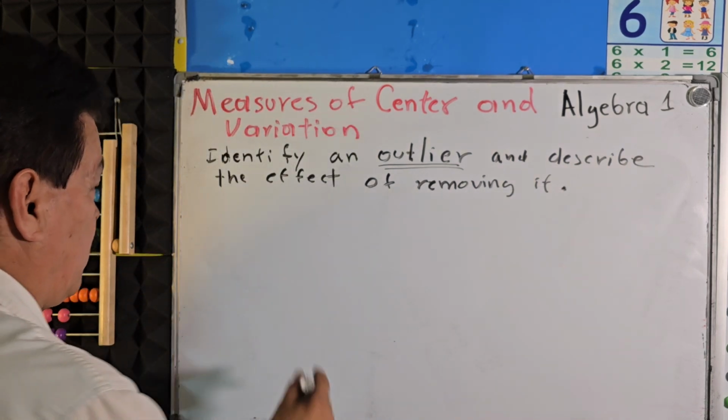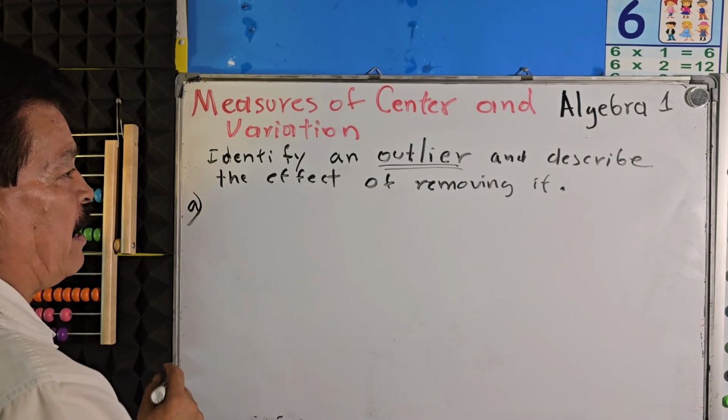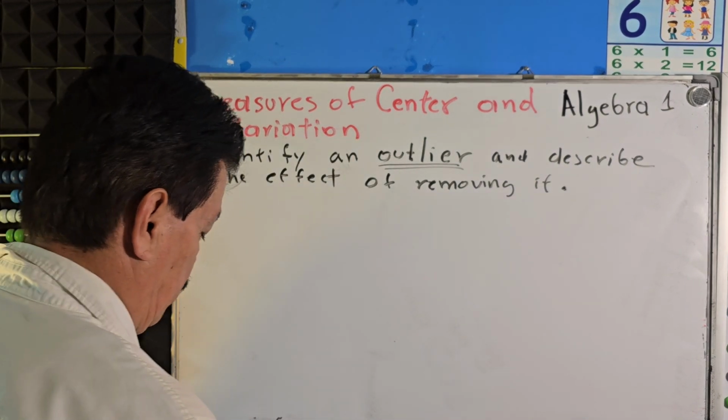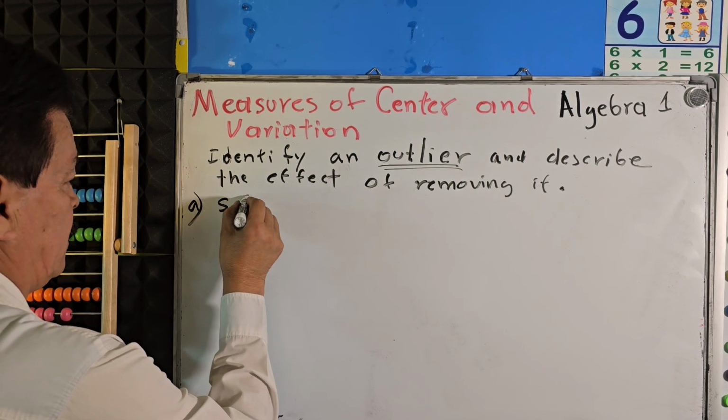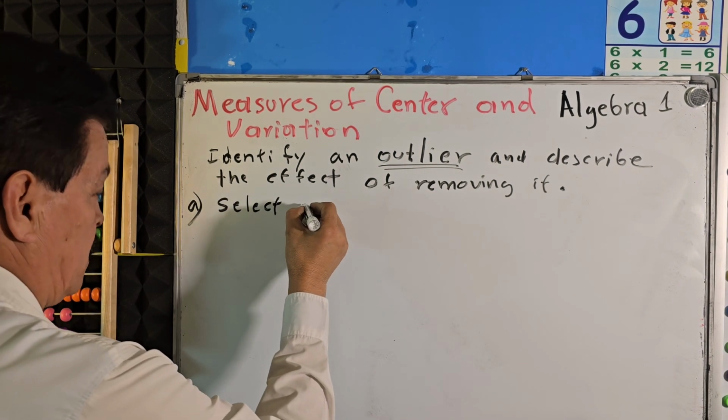Okay, so our problem is very simple. Just select the outlier.